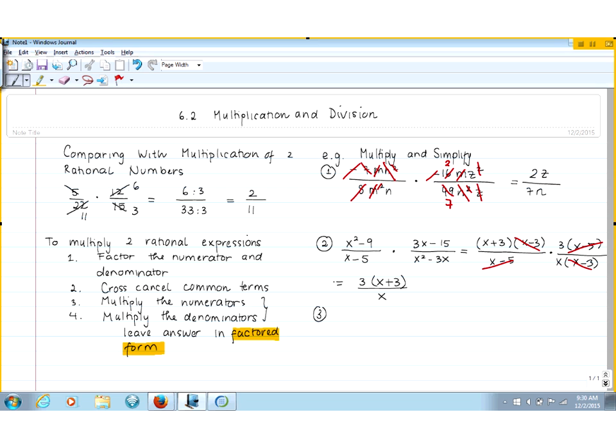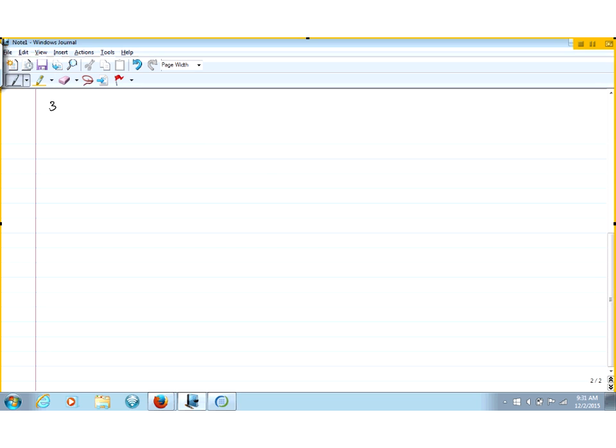Sure? Okay, so can you try this, number 3? Y squared, maybe I'll use a different page. Yeah, let me do it in a different page. You're finished? Yeah. Number 3.